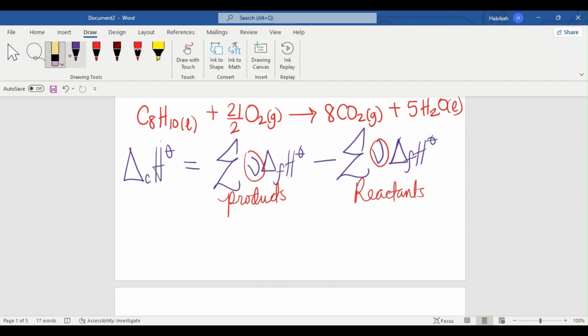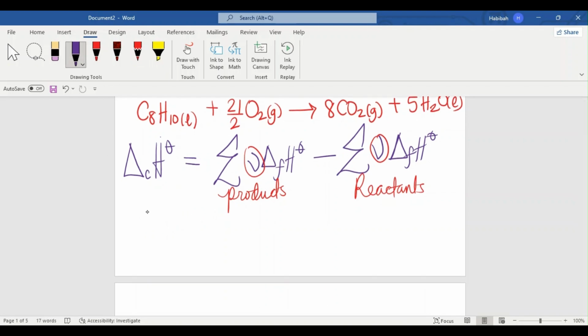So now we're just going to rewrite everything that we have. I'm going to break it down. We know now that we're going to sum up the standard enthalpy of formation of the products, and we subtract from it the standard enthalpy of the reactants. So this is what it's going to look like now.